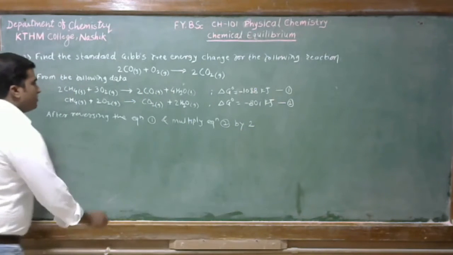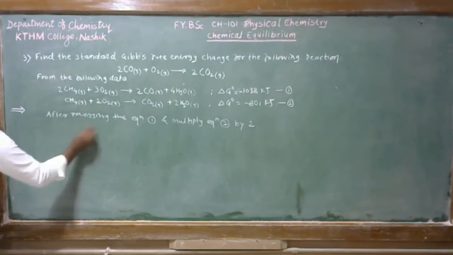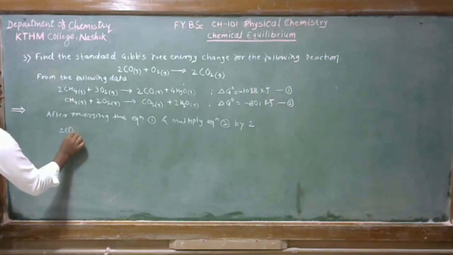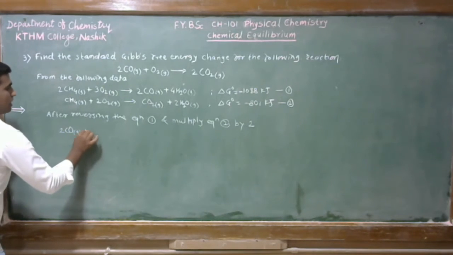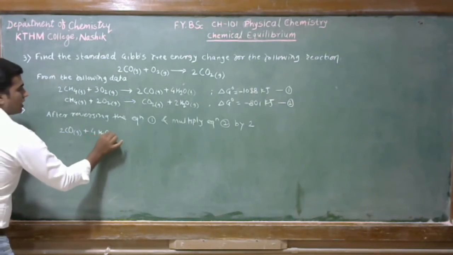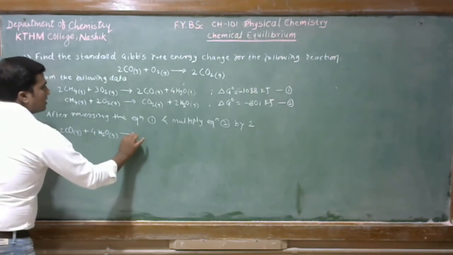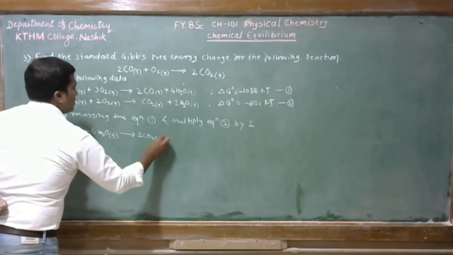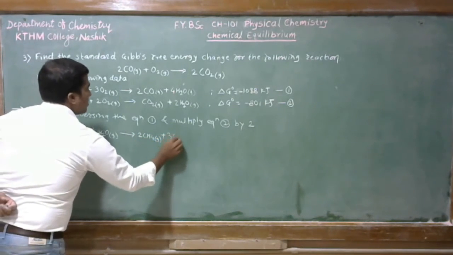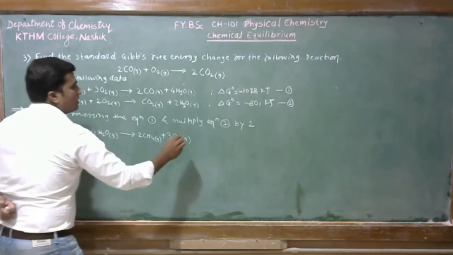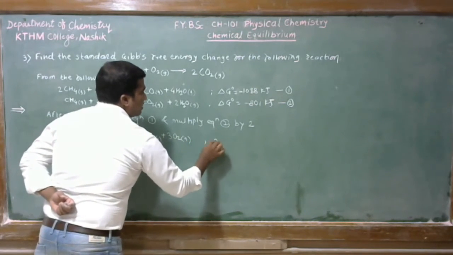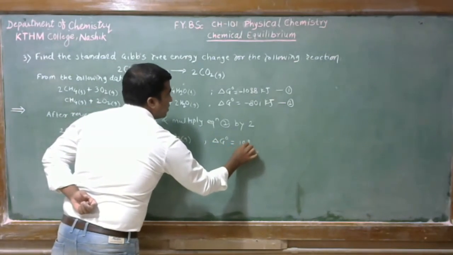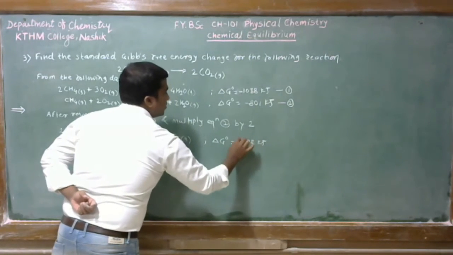So we will get 2 moles of CO gas plus 4 moles of H2O gas, giving 2 moles of CH4 gas plus 3 moles of O2 gas, and for this reaction delta G naught is equal to plus 1088 kilojoule.